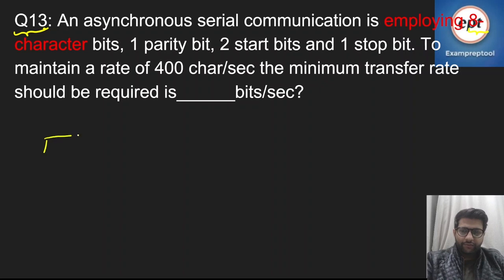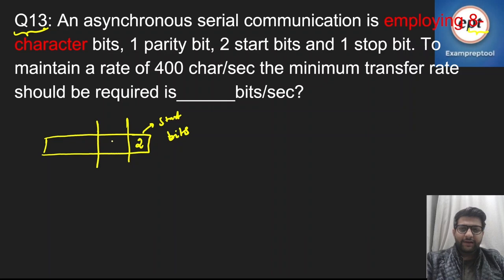So if we draw a message format, there are 2 start bits, then we have 8 character bits, and then 1 parity bit and then 1 stop bit.